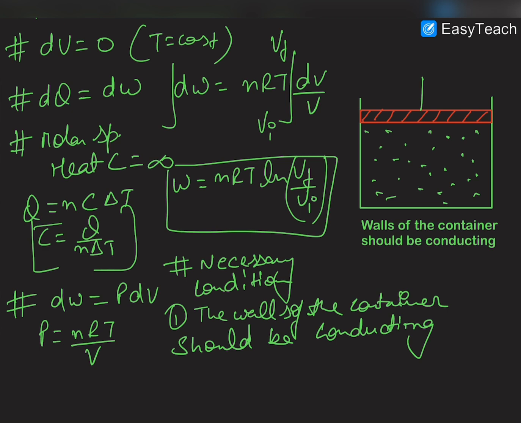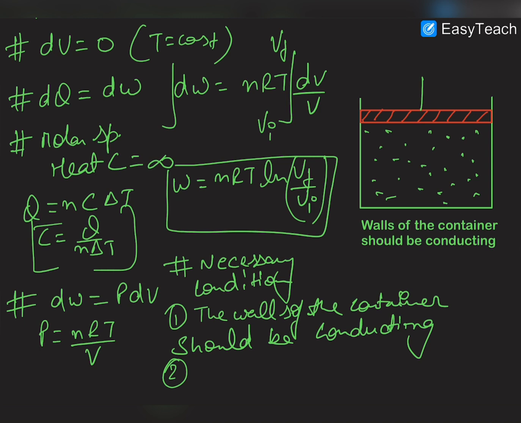So for an isothermal process, the process should occur very slowly, and in fact it should be a quasi-static process. For a slowly occurring process, there would be enough time for the system to dispose of the extra heat simultaneously as it is being generated by compression.